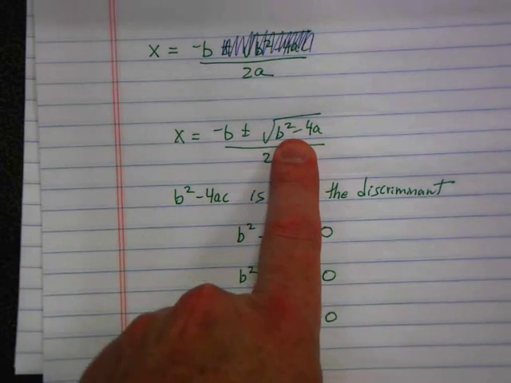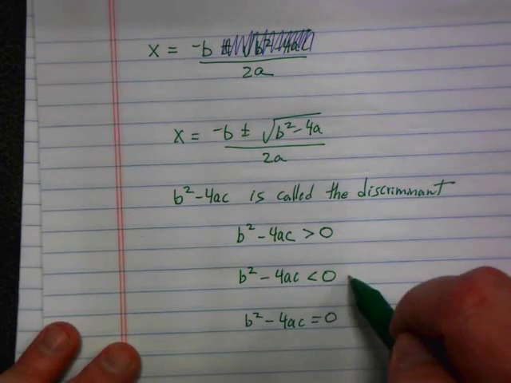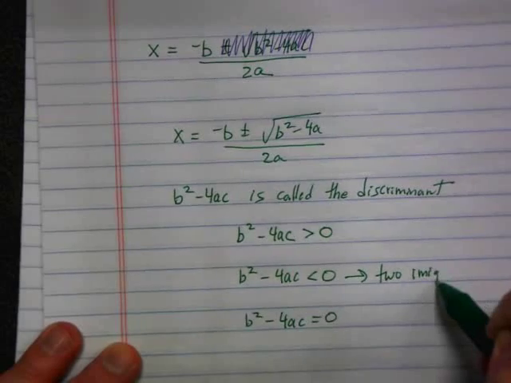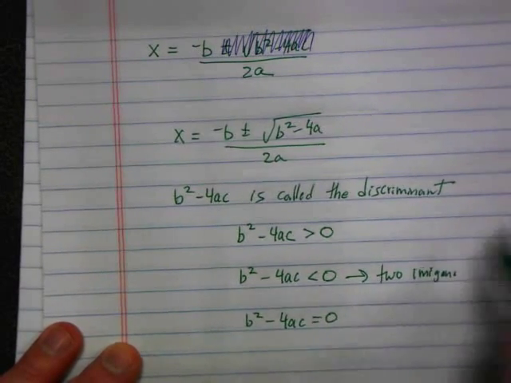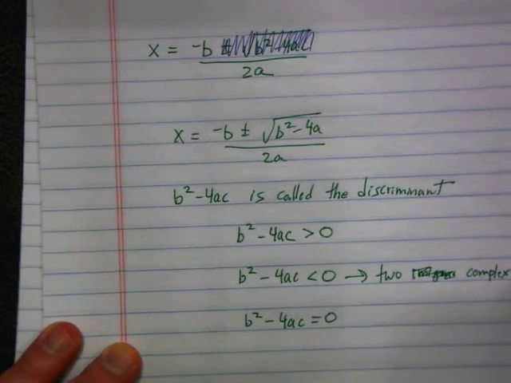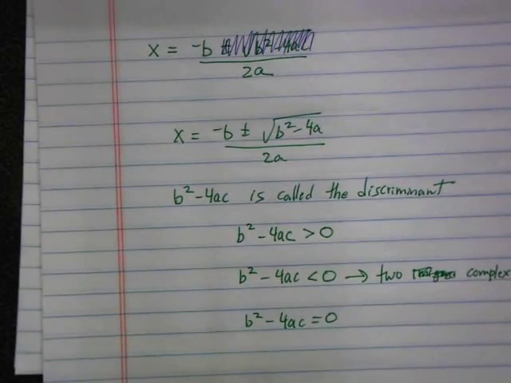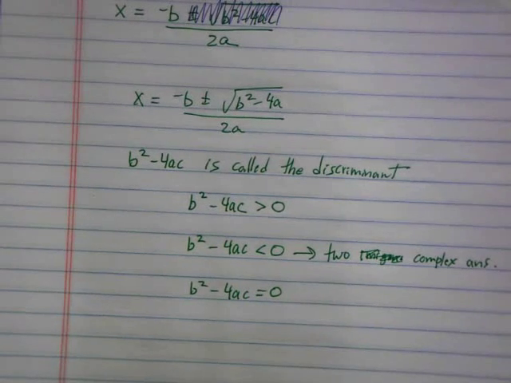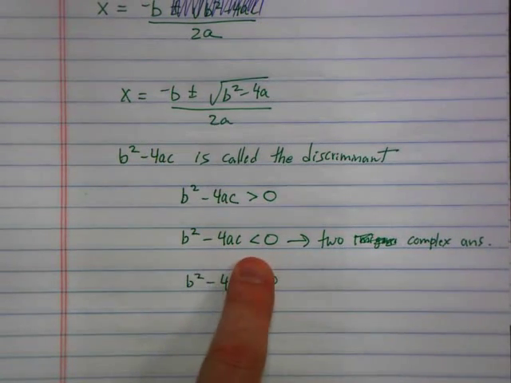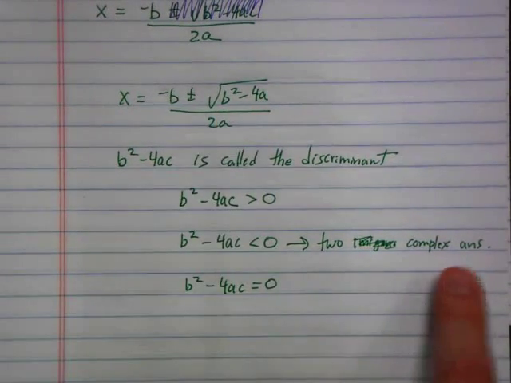Well, that means we're going to have a negative underneath our square root. What happens when you have a negative under your square root? You're going to get two imaginary answers. I can't spell imaginary, so I'm going to call them complex. So that's why we call it the discriminant. It discriminates the types of answers you get. When b squared minus 4ac is negative, you get a negative under your square root, you get complex answers.